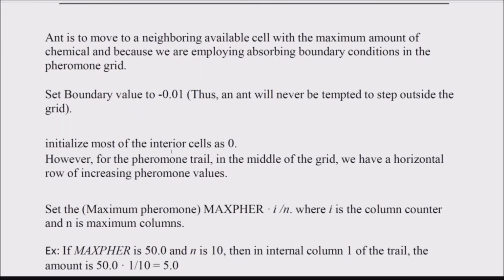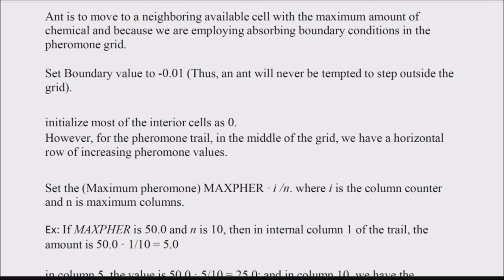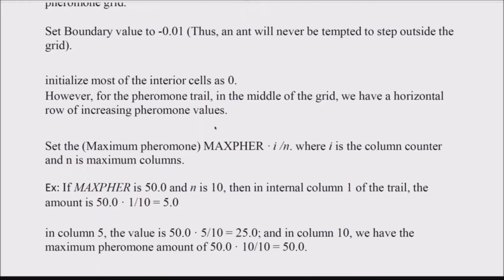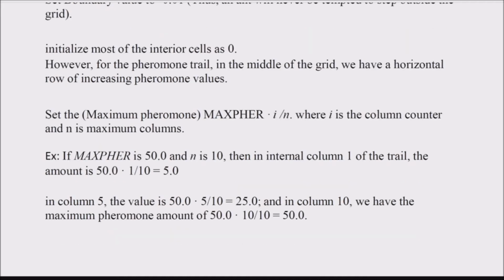Then initialize most of the interior cells as zeros. That means what? It is empty, with no ants in there. However, for the pheromone trail, in the middle of the grid, we will have a horizontal line. So this is what I'm going to model.